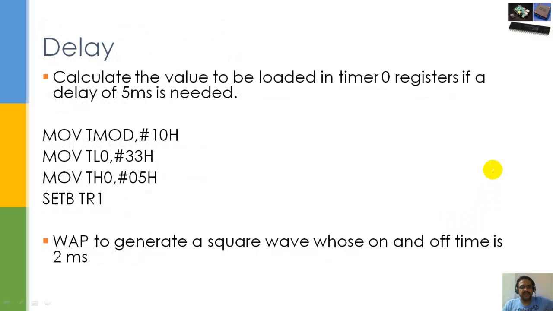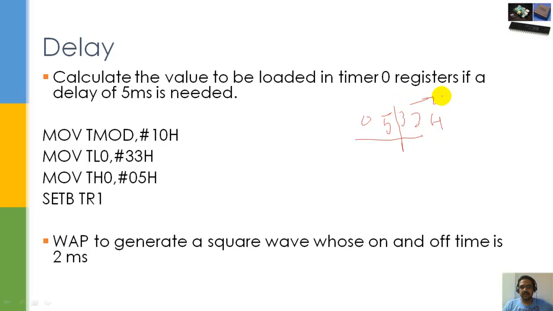So for example, based on this calculation, for a 5 millisecond delay, the value I came up with is 0533H. After converting the decimal value to hexadecimal, I got 0533H.